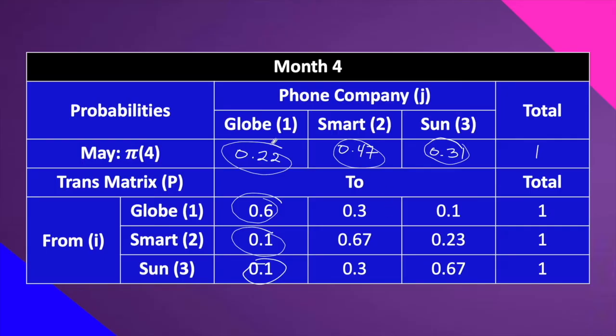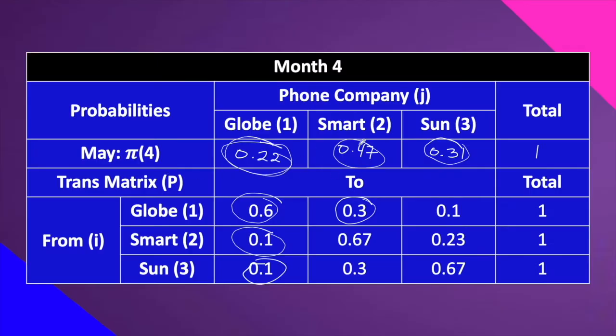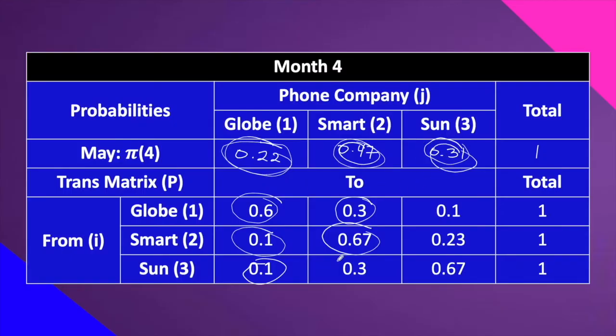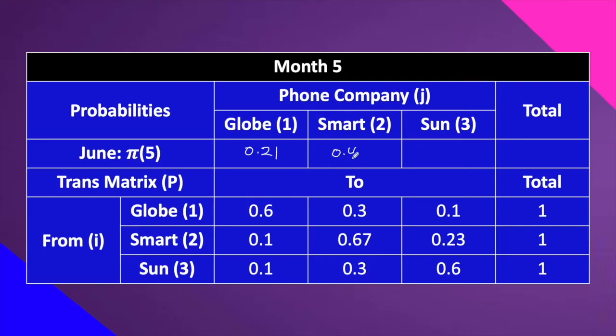So, what we're going to multiply is 0.22 multiplied to 0.3 plus 0.47 multiplied to 0.67 plus 0.31 multiplied to 0.3. And this is equivalent, guys, to 0.47. So this is the market share of Smart after 5 months.